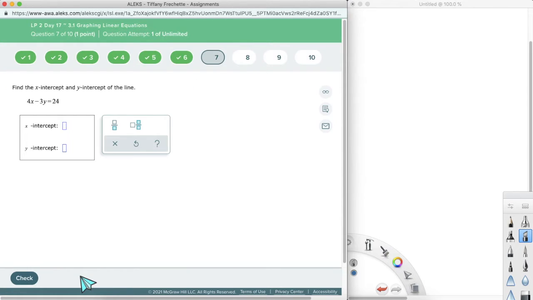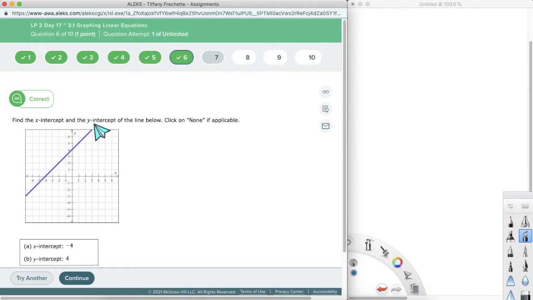Okay, it says find the x-intercepts and y-intercepts of the lines. So same thing we were just doing, but now I don't have a visual. If we look back at the previous one, for the y-intercept, I had to go straight up from the origin to this number 4. That means that x is 0.